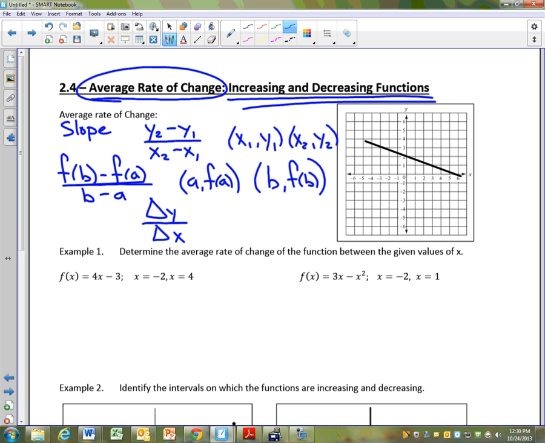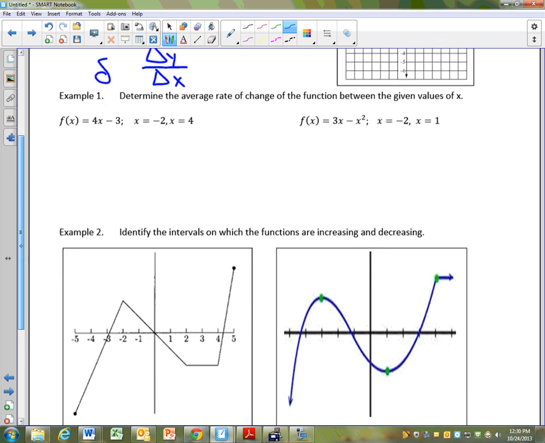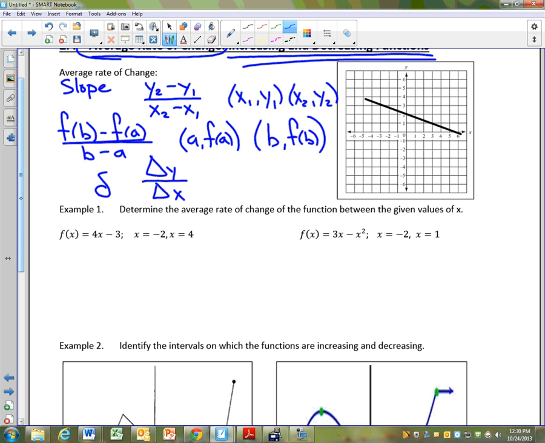Change in y over change in x. Just last hour I was wondering, the little letter for delta in Greek is that. So, capital, lowercase, in case you were wondering. Now you know. And knowing's half the battle. All right. So, let's do some average rate of change right here.